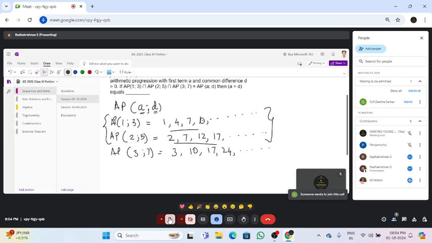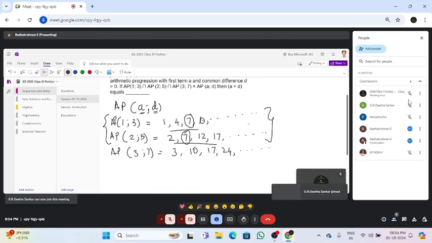Sir, 7. 7. Very good. 7 is there first. Okay, when do you expect the next one? This goes 7, 10, 13 and so on. This goes 7, 12, 17 like this. When will the next intersection come?